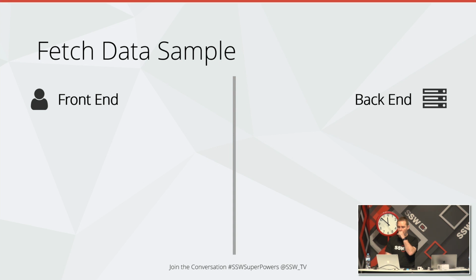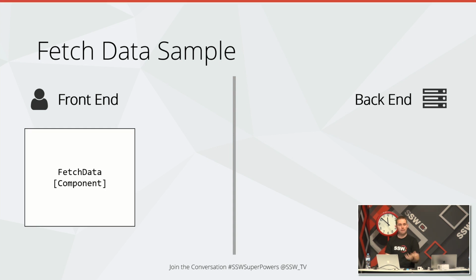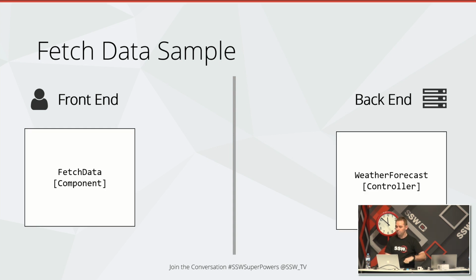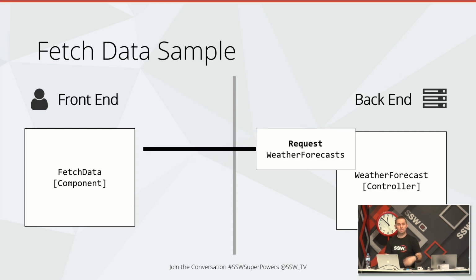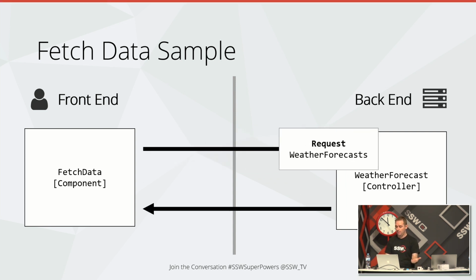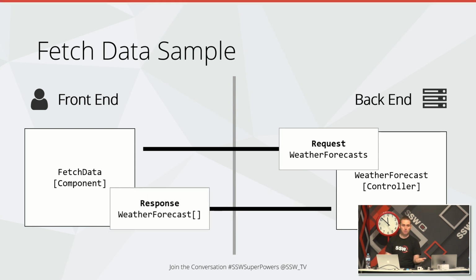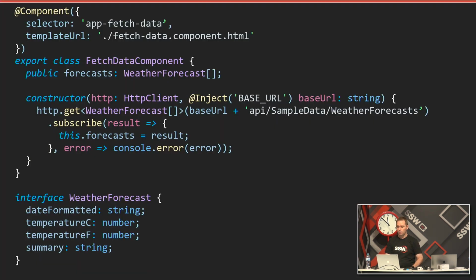In this sample, the front end has a fetch data component, which we saw, and the back end has a weather forecast controller. I think they've actually renamed that to sample data controller now. So the front end makes a request for the weather forecast, and the back end responds with the weather forecast. Pretty simple. The code looks like this, and you can see here that we're using Angular's HTTP client to make that request.